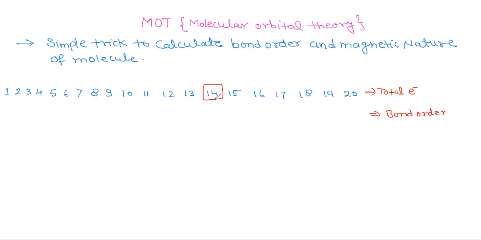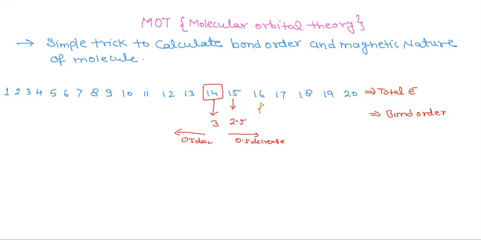In the place of 14 you write 3. Whenever you move to the right side or the left side, you decrease by 0.5 consecutively. Just 3 minus 0.5 is 2.5, and similarly so on.